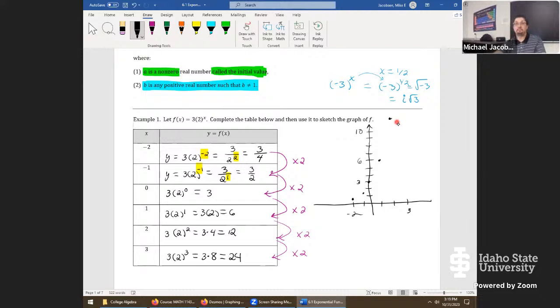I think that's the last point I can realistically put on this graph. It goes like this. Once we get across the y-axis, the growth rate is so severe that I don't think I'm really capturing it too well. That curve sort of missed a little bit, but that's all right. If we go this way, to the left of the y-axis, it's now decaying towards zero.